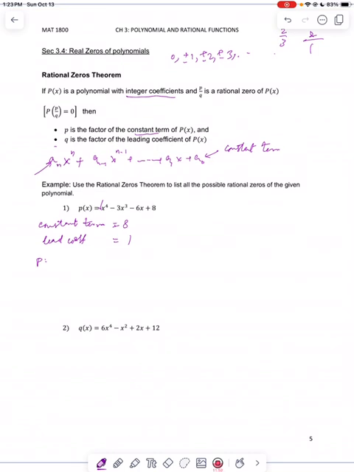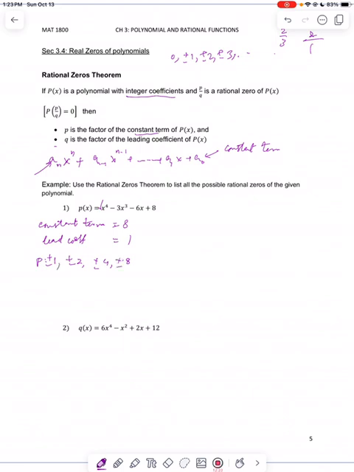So we have 1, 2, 4, and 8. But here we also take the positive and negative, so we put plus minus 1, plus minus 2, plus minus 4, and plus minus 8. So these are the factors of 8.